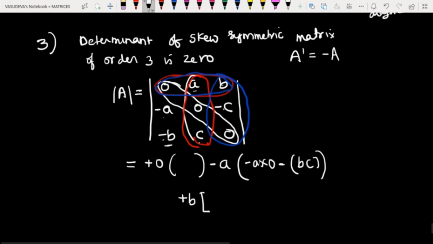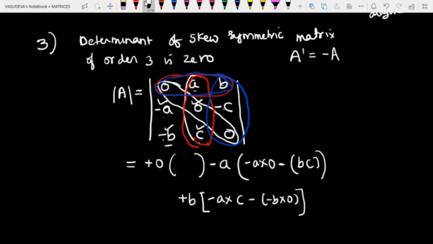So leaving the elements of the first row and the third column, we have minus A, 0, and minus B, C. Multiplying that, minus A into C and minus of minus B into 0.